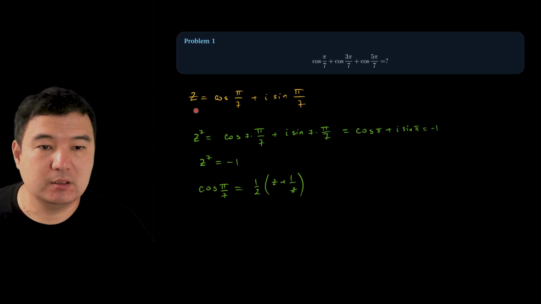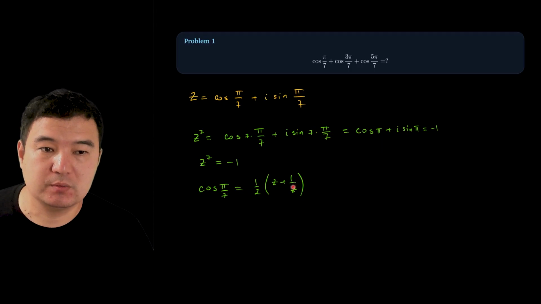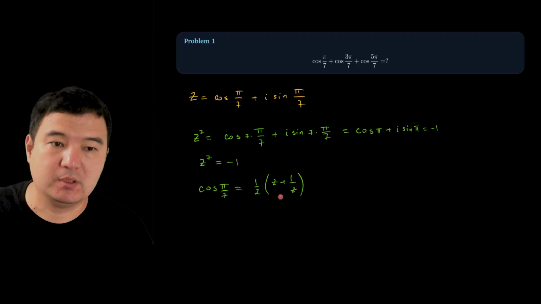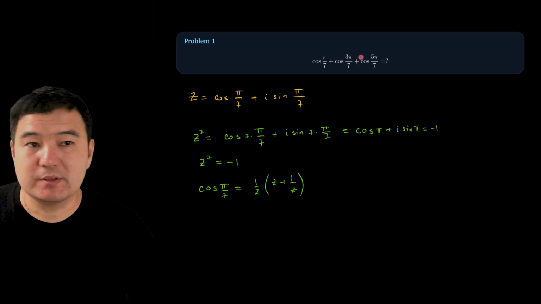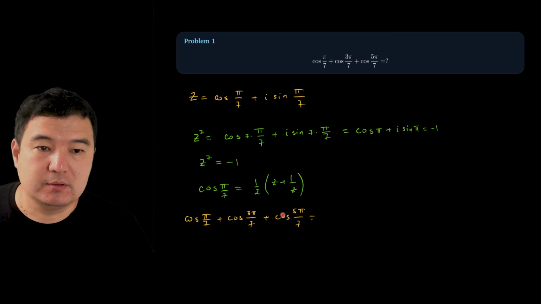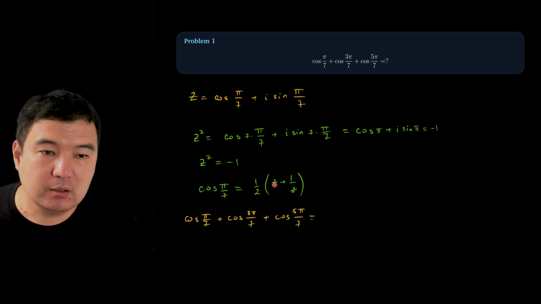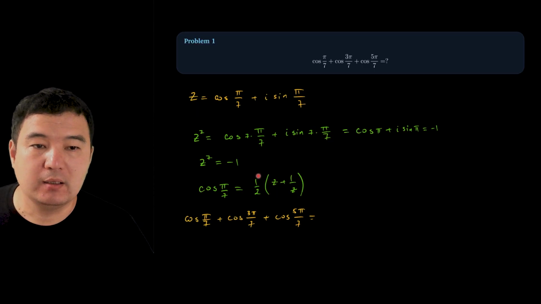So cosine pi over 7 is 1 over 2 times z plus 1 over z, the first property that we derived before. And what will be cosine 3 pi over 7, or cosine 5 pi over 7? You could use z cubed and then z to the power 5 and get similar formulas for these second and third terms.